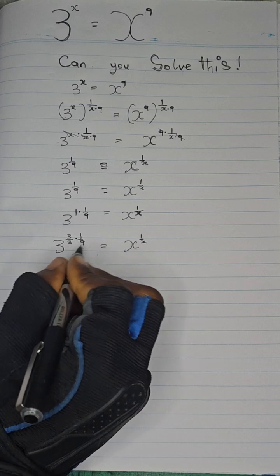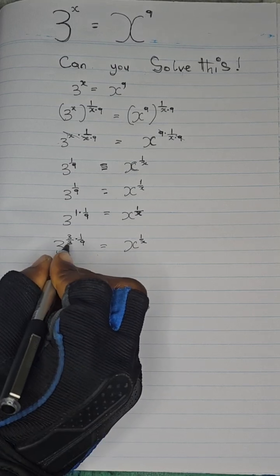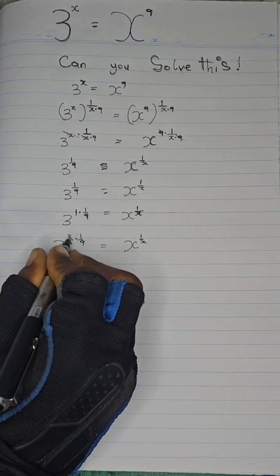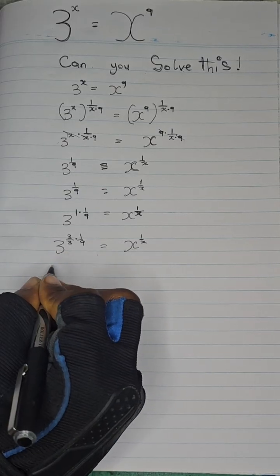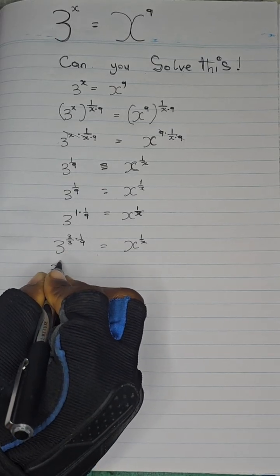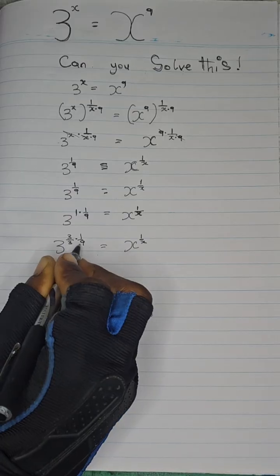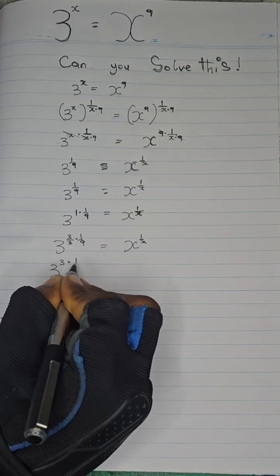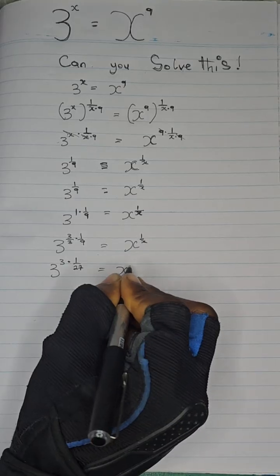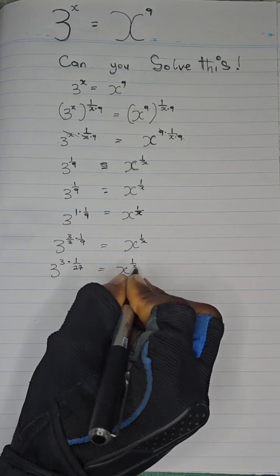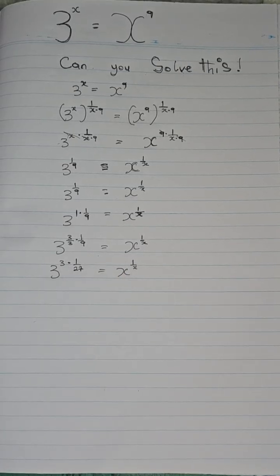So we work on this. You have something like a 3 here. Let me take it out and take this out. So I'll have something like 3 raised to power 3 times 3 times 9 is 27. 1 over 27. This is equal to x raised to power 1 over x. Are we together?